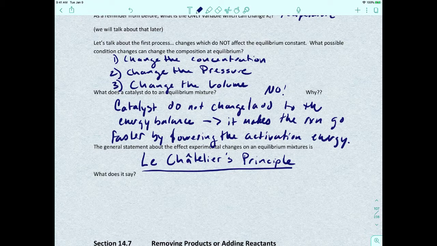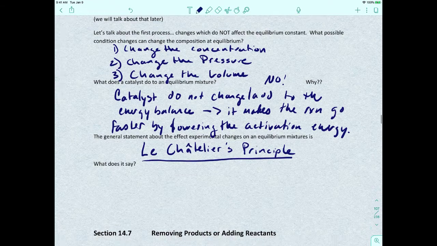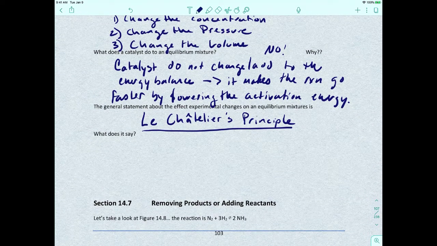For Gen Chem 1, the big idea was the kinetic molecular theory, because with KM theory, that explained how gases and liquids and solids behave. For the second half of the course, it's Le Châtelier's principle. So what does Le Châtelier's principle say?